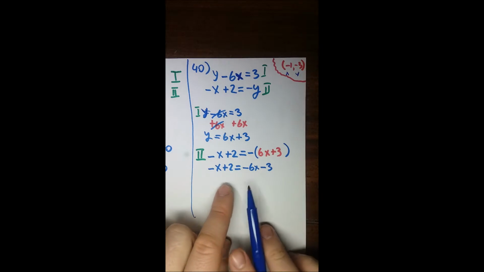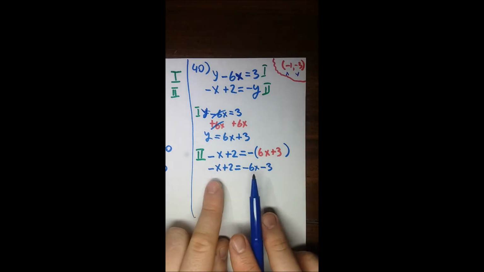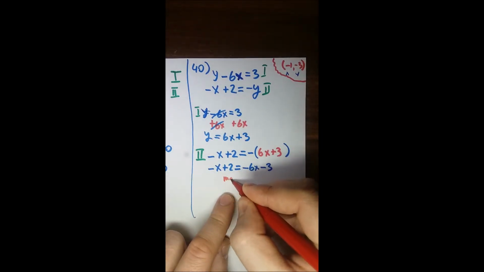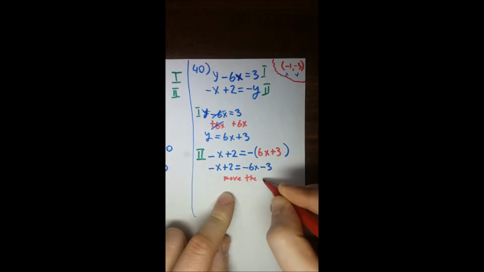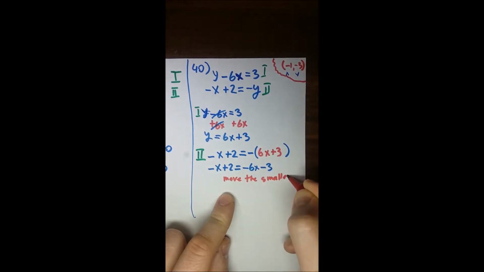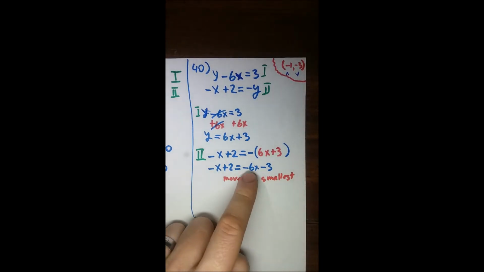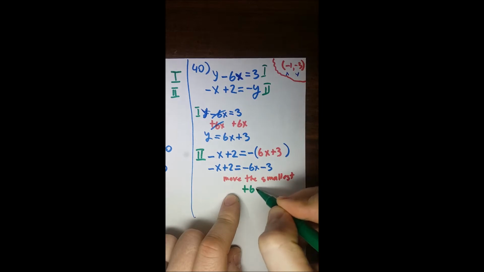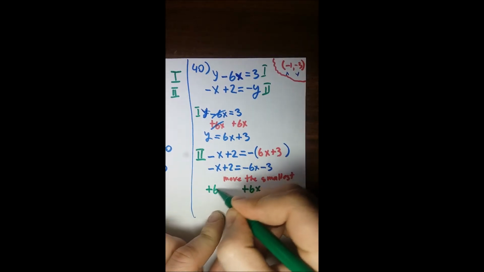Now we're looking at variables on each side. So you need to move the smallest. I always do this. Move the smallest. In this case, the smallest one is actually negative 6x. So we're going to add 6x to both sides.